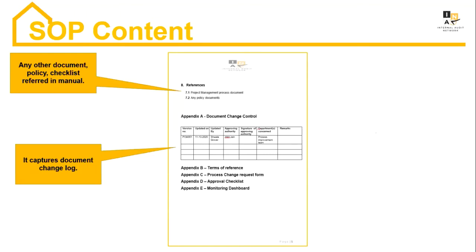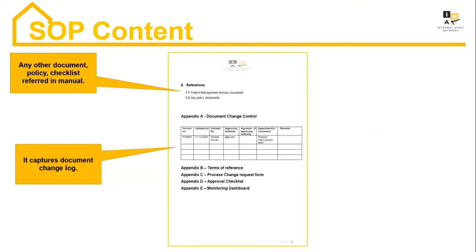So in this document change control, I have taken version number, updated on. That's why I said at the start of the presentation that when we write the creation date on the first page of the document, that has to be the original date, and that should not be changed. All changes should be done through this table only.